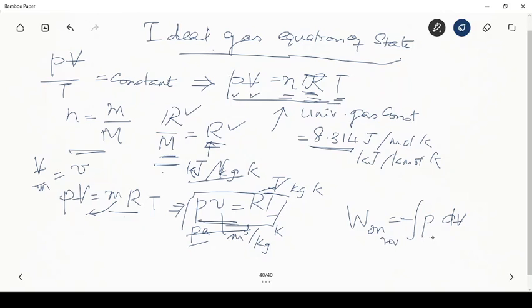For a reversible process it is P dV from the initial state I to the final state F.